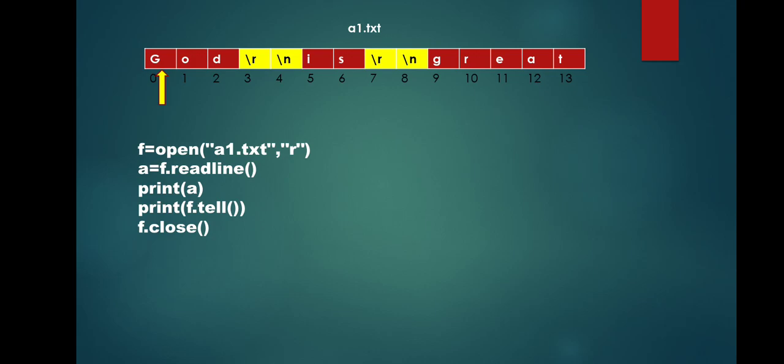So it will read the characters God, backslash r and backslash n. After performing this readline, where will the cursor be positioned? The cursor will be positioned at the 5th byte. So when I display the position, it says 5. So this is the output.